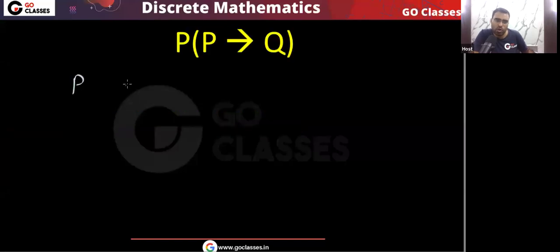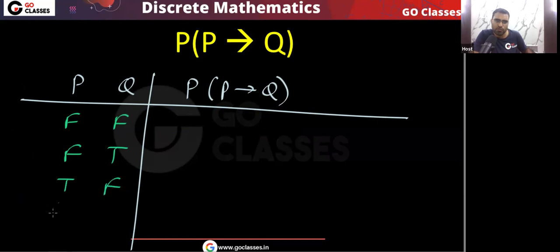Here you can see you have P, you have Q. These are the propositional variables. So tell me, how many truth value combinations are possible? There are 4 truth value combinations possible. Yes or no? Maybe both are false. P is false, Q is true, P is true, Q is false, and both are true. So these are the 4 truth value combinations of P comma Q, because they are propositional variables.